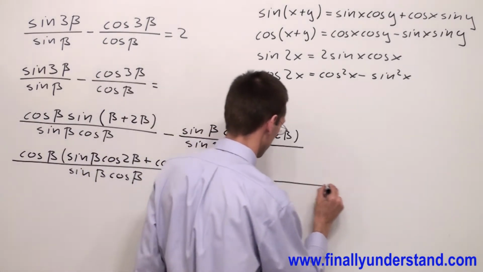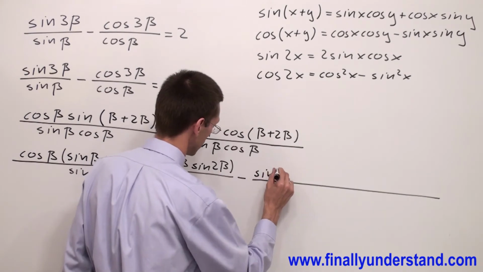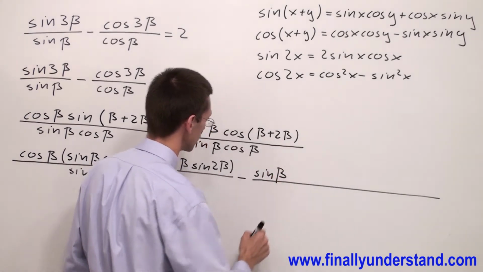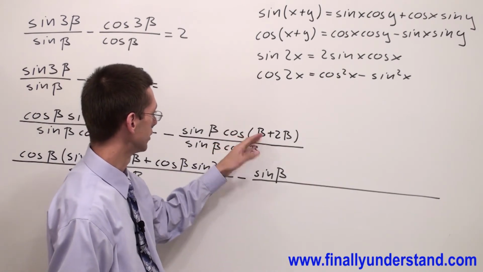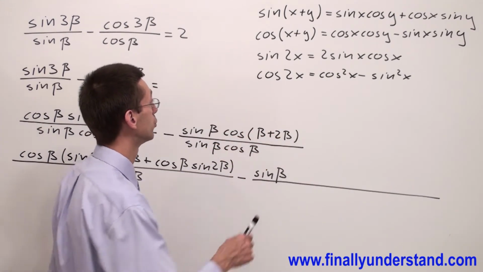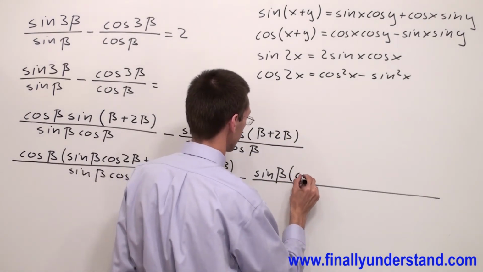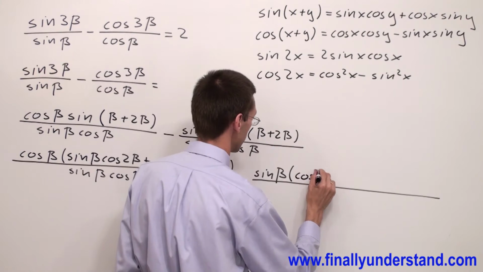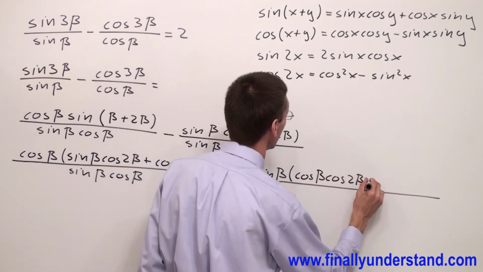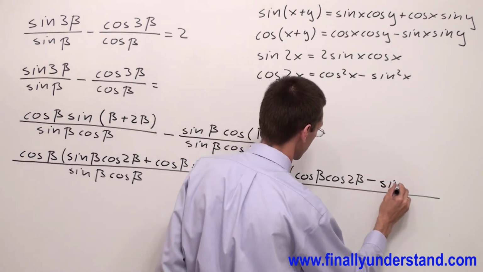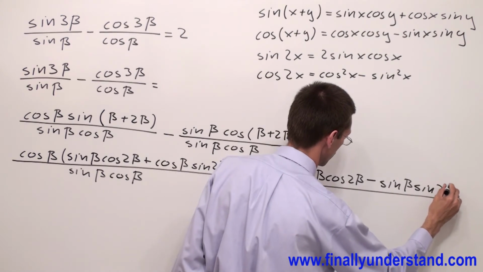Minus, we have another fraction. We have sine beta times, again, instead of writing cosine of the sum of two angles, I'm going to write cosine beta times cosine 2 beta minus sine beta sine 2 beta.